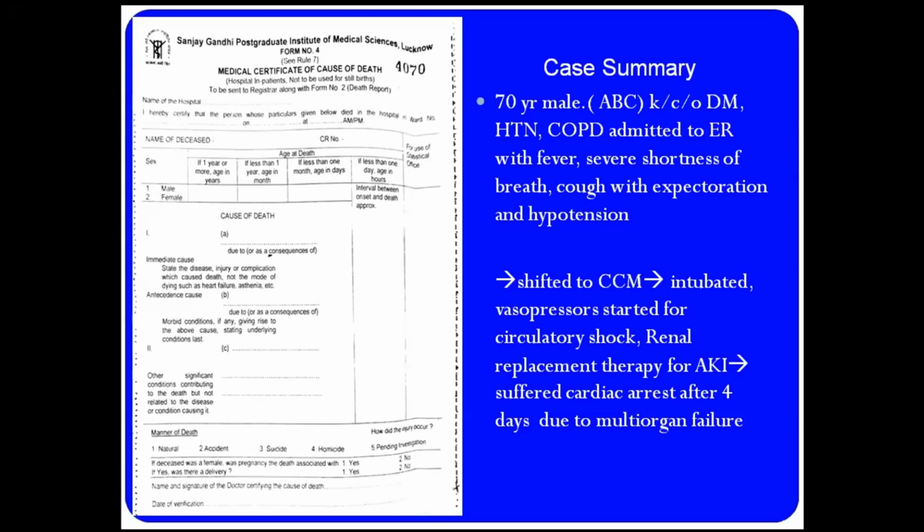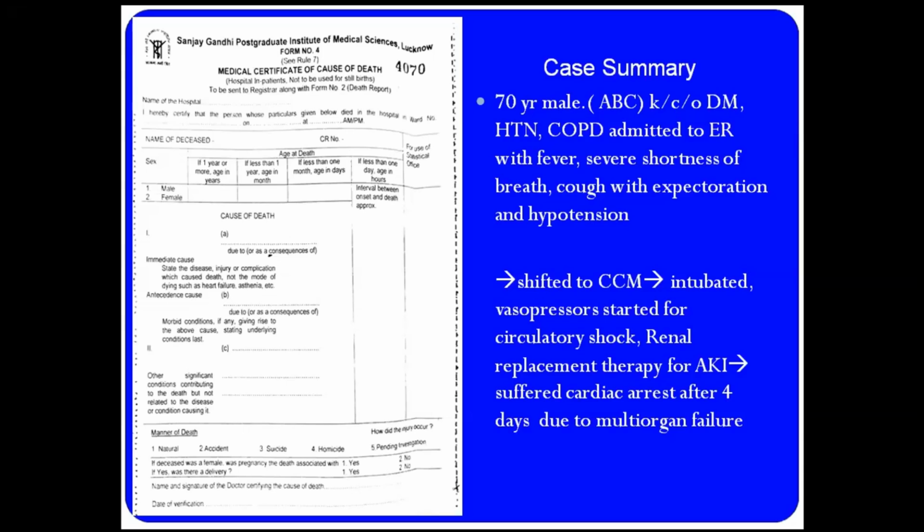Now, can anybody, based on this summary, tell me the components of the death certificate? If anybody is willing, what would be the underlying cause, what would be the antecedent cause, and what is the final cause of death? Dr. Gaurav had told you there are 3 important lines, A, B, and C. Would you like to comment?